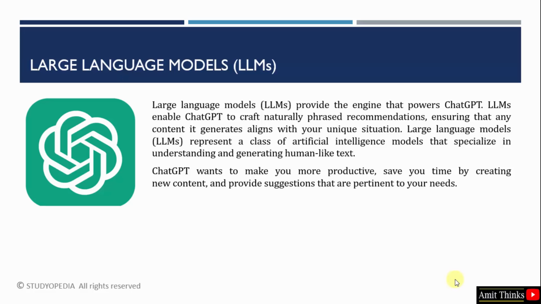With that, suggested prompts, that is questions, would also be provided. So LLMs are a class of AI models, that is artificial intelligence models, that basically specialize in understanding and generating human-like text. ChatGPT would allow you to be more productive because you can learn coding there, you can write text, articles, you can create your logos, banners. Okay, it will also provide you lots of suggestions regarding your prompts and work.